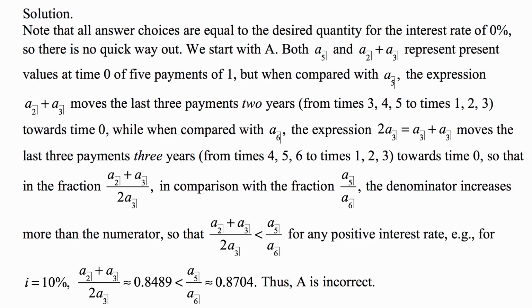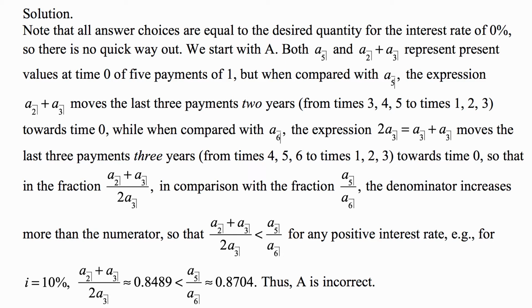So in this solution, I will try to analyze all five answers, which is too much work. If you guess the right one, then you're done. And of course, when you have five answer choices to be analyzed, you never start with A, never start with E, always try to start with D, and then go to C. So the rational thing to do would be to try if D works and then see if C works.